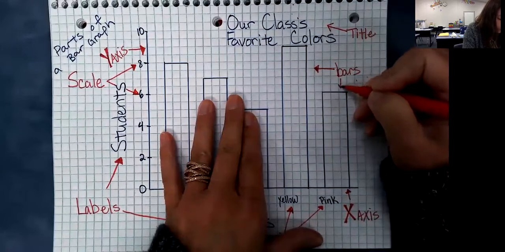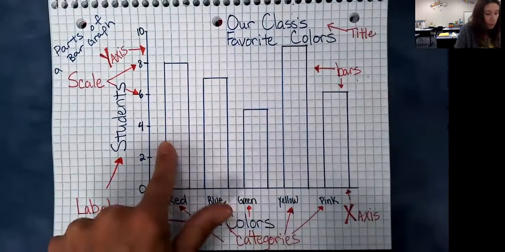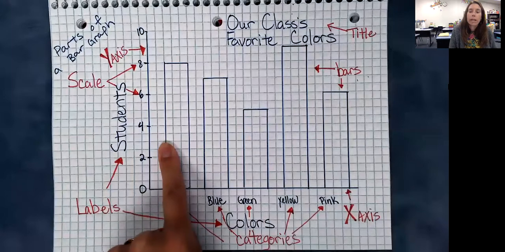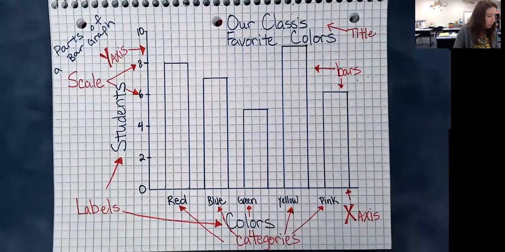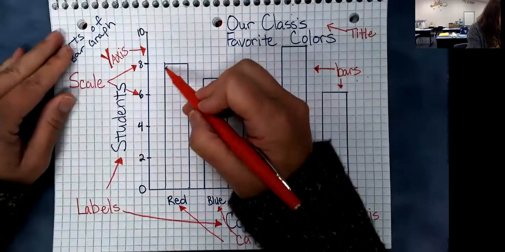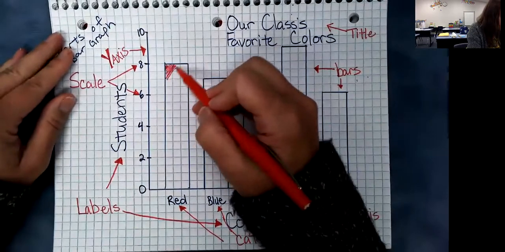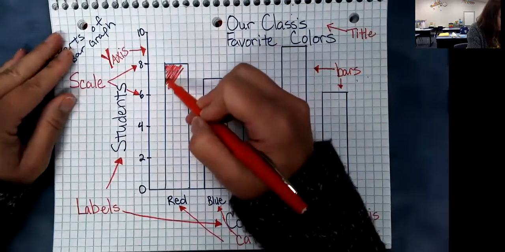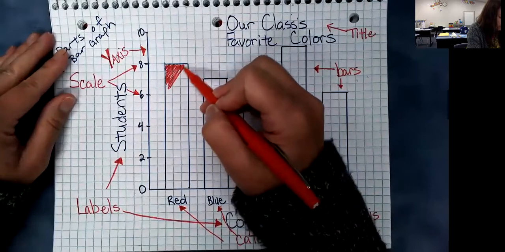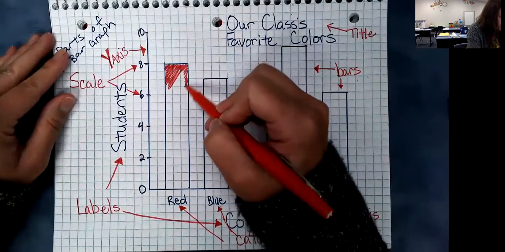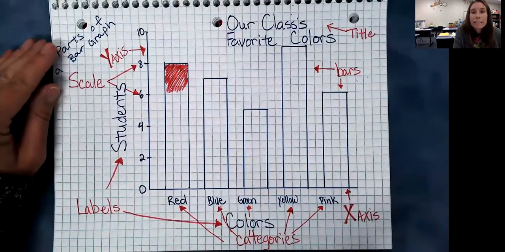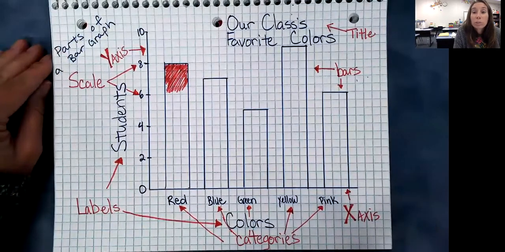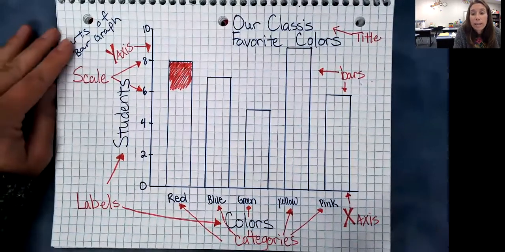This is also a bar. These are also the bars. Okay, so now you can color your bars. I'm going to color my bars in, and you can color your bars in, and then we'll be all done, and it'll be easy to read. It'll be a nice, easy graph to read because you were nice and neat and had nice straight lines.